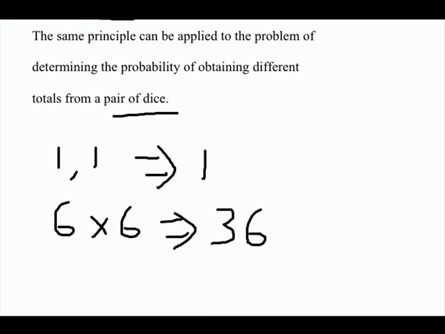This of course assumes that the dice are different, not identical, and hence a 5 on dice 1 and 6 on dice 2 is not the same as a 6 on dice 2 and 5 on dice 1.